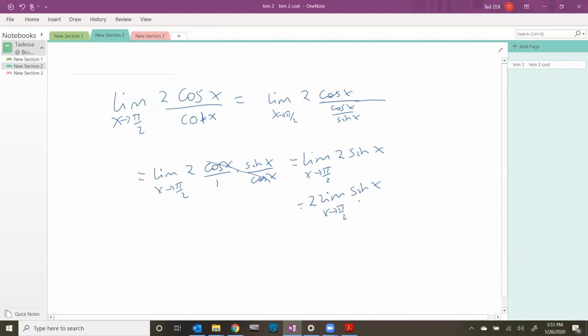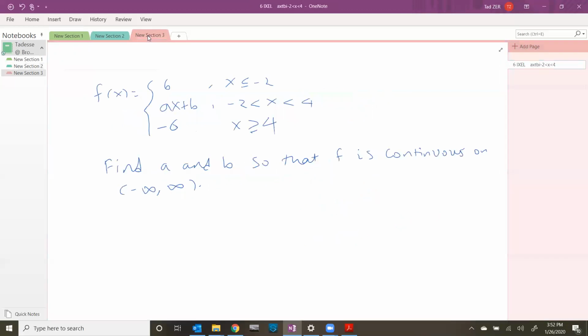Now, sine is defined everywhere, the domain is all real numbers, so the limit of sine becomes the value. That gives 2 times sine of pi over 2. As you all know, sine of pi over 2 is 1. So the limit is 2. Very good.